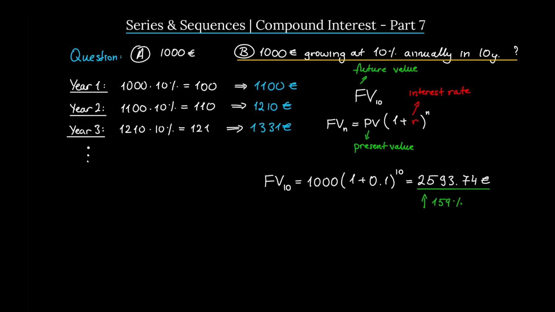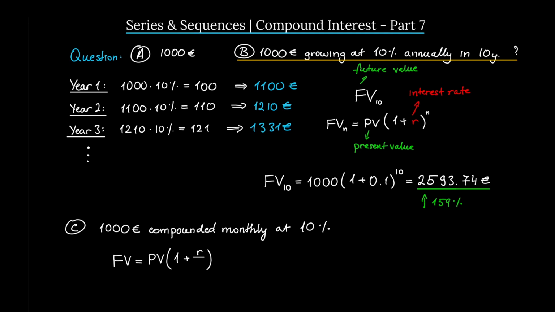However, now let's say we come across another opportunity where we can get the 10% compounded monthly on our investment of 1,000 euros. Of course, this does not mean that you get 10% of our investment every single month, but rather that 10% is spread out across the 12 months or an entire year.